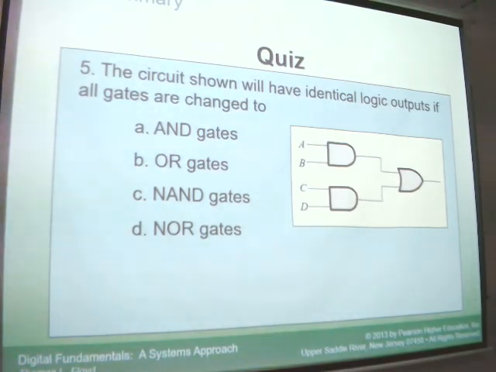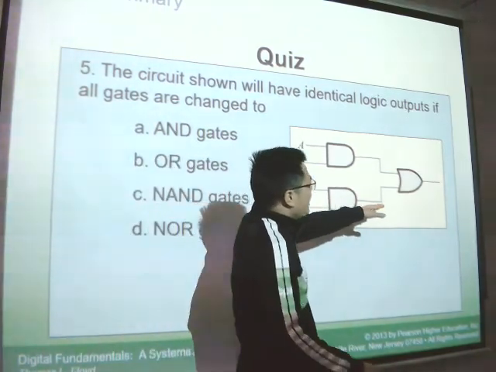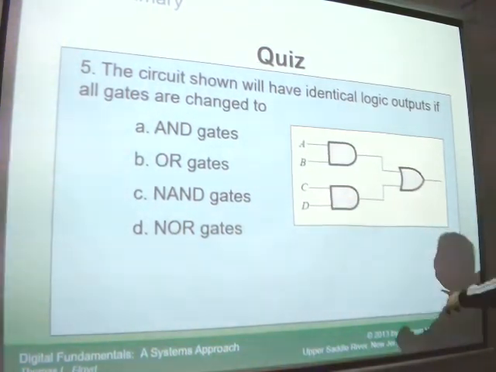Question 5. The circuit will have an identical logical output if all gates are changed to what? It's very hard. We must first write down the Boolean expression for this circuit.